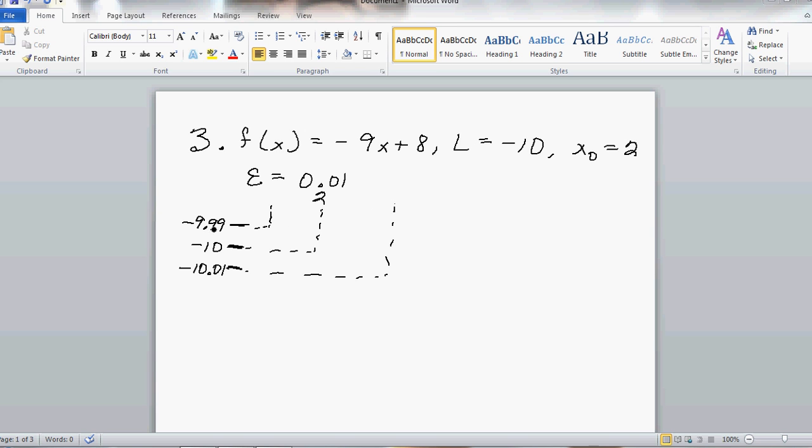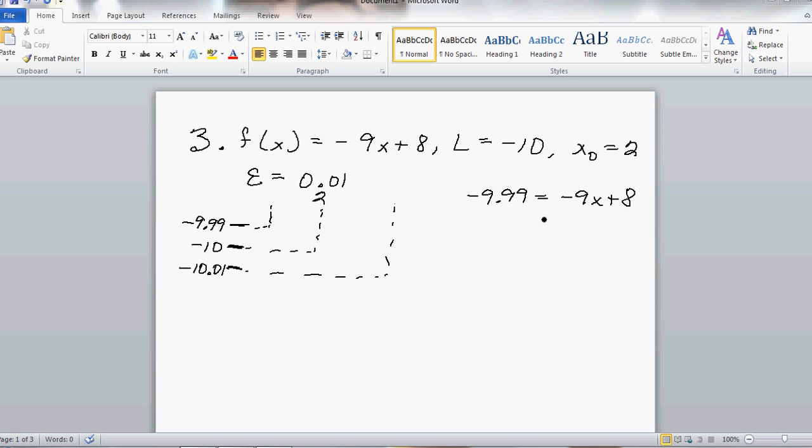But realize any place where we have negative 9.99, that's just what this value is right here. So all we have to do is say, okay, I'm going to take negative 9.99 and set it equal to negative 9x plus 8 and figure out what x is.